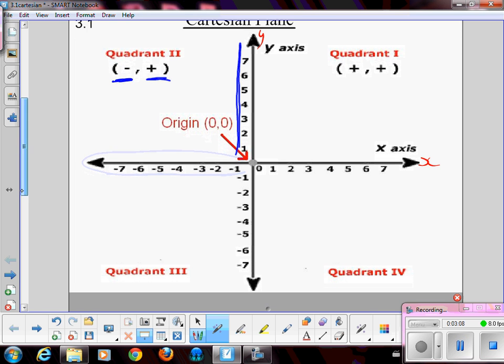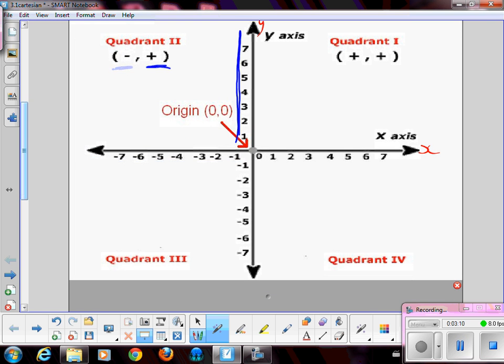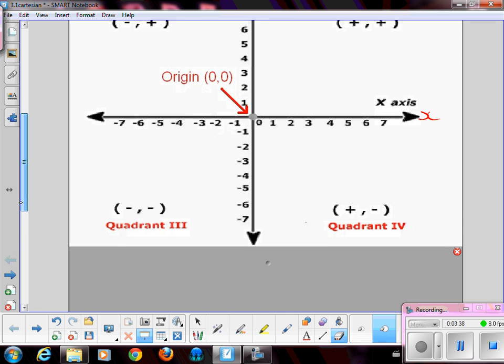Following the same thing, quadrant 3 should have negative and negative, and yes, it does. And finally, in the last quadrant, our x's are positive and our y's are negative. So that is the Cartesian plane, and we're going to be working with it for pretty much this whole unit.